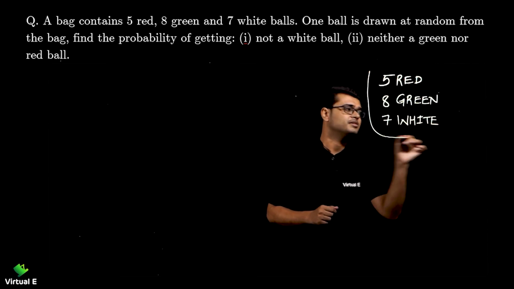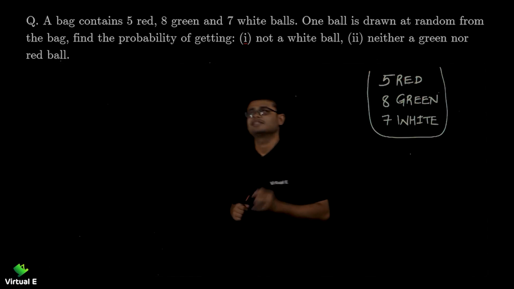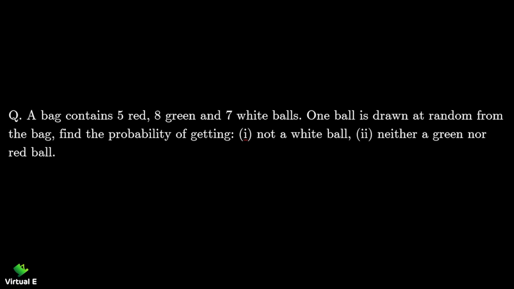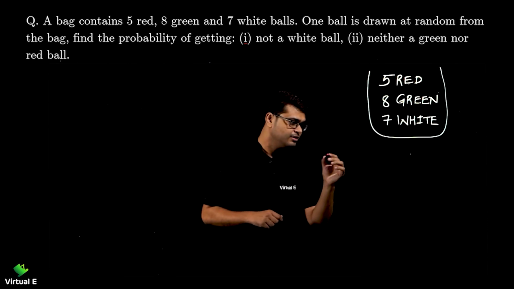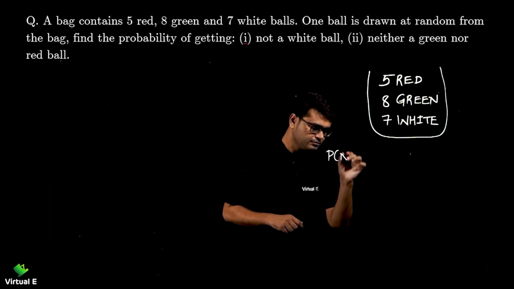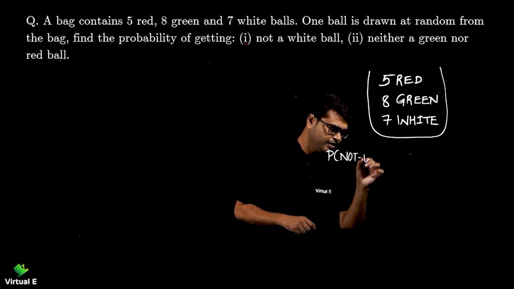And let's say this is a bag, simple for understanding. Now one ball is drawn from the bag. We are taking one ball out of it. Find the probability of getting not a white ball. So first we need to get the probability of not white ball.